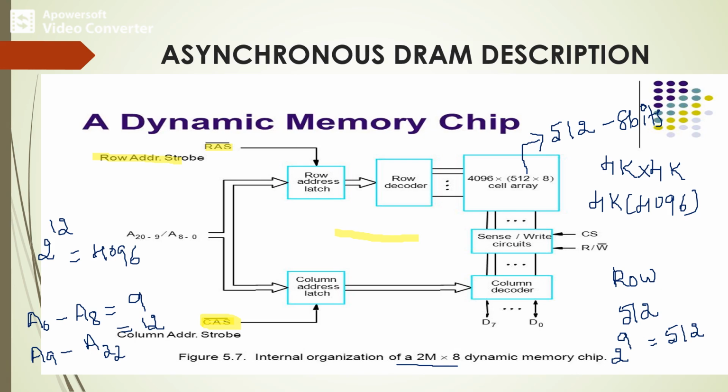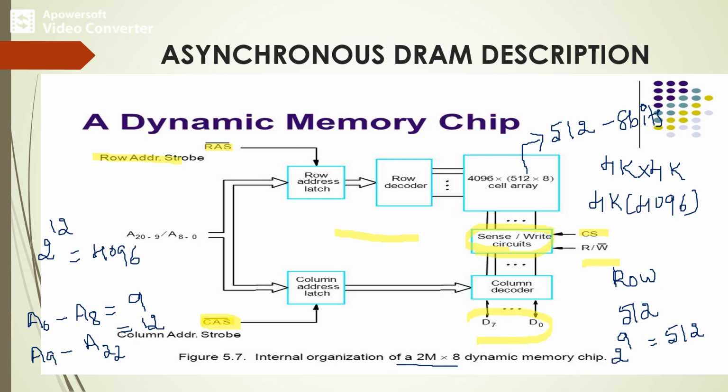Depending upon the type of the operation, we can make use of the sense and write circuit either way. This sense and write circuit consists of two control signals, chip select as well as read/write. If the read/write-bar signal indicates a read operation, the output of the selected circuit is transferred to the data lines D7 to D0.